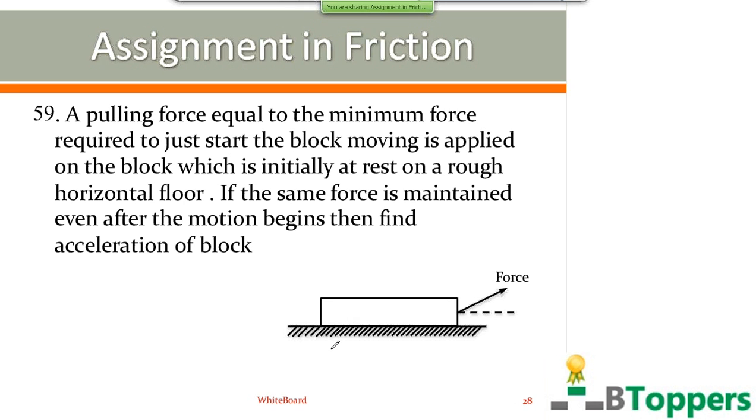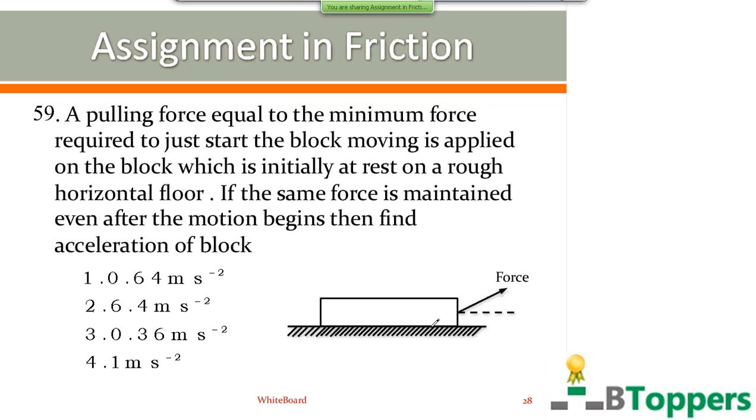A pulling force equal to the minimum force required to just start the block moving is applied on the block, which is initially at rest on the rough horizontal floor. The same force is maintained even after the motion begins. Find the acceleration of the block.